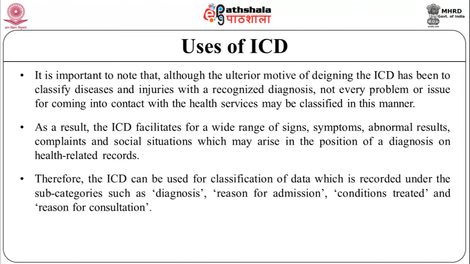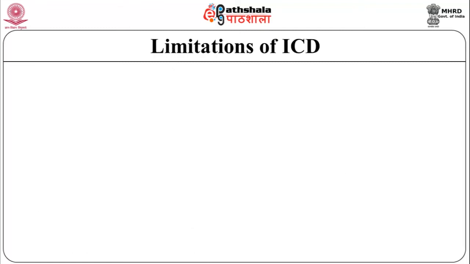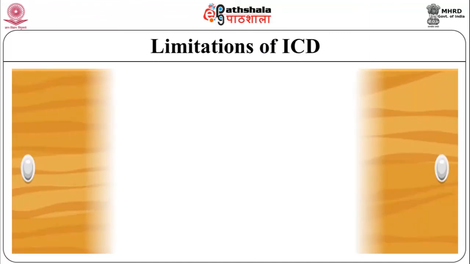Therefore, the ICD can be used for classification of data which is recorded under subcategories such as diagnosis, reason for admission, conditions treated, and reason for consultation. These subcategorizations may appear on a wide range of health records using which statistics and other health-related information can be derived. Now let us look into the limitations of ICD.